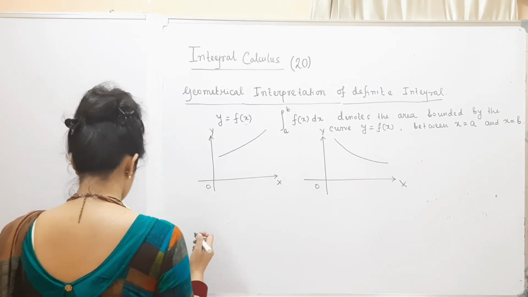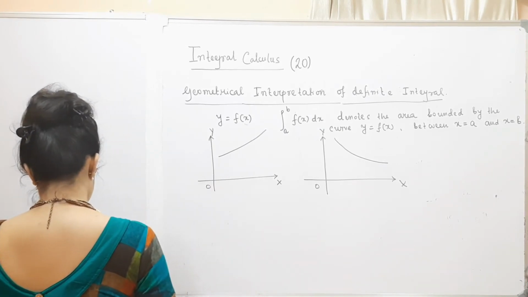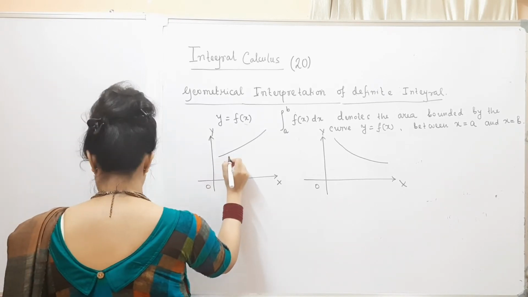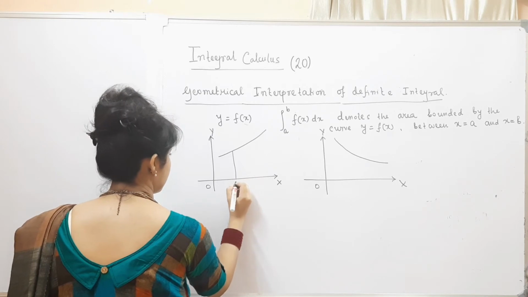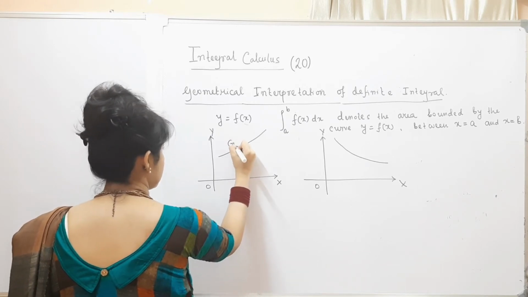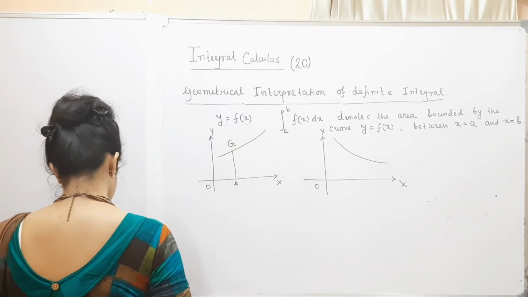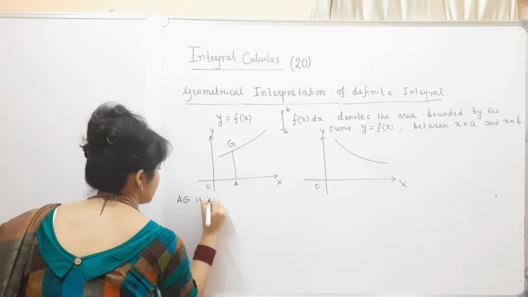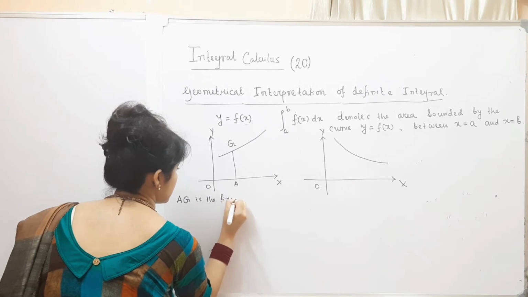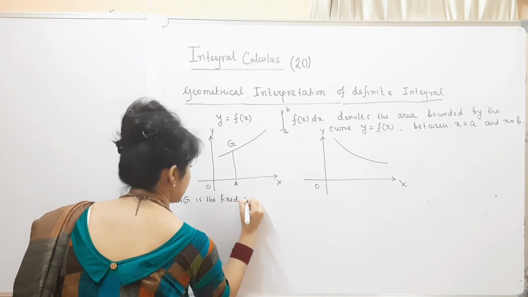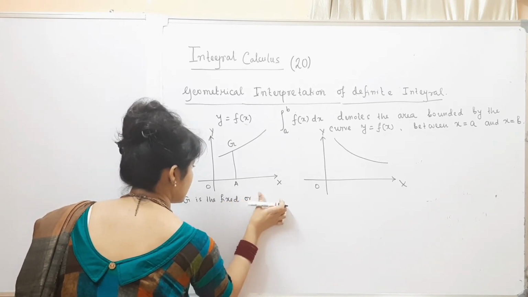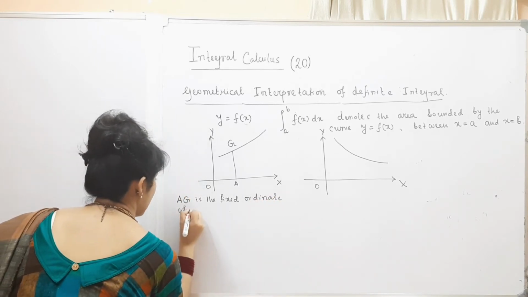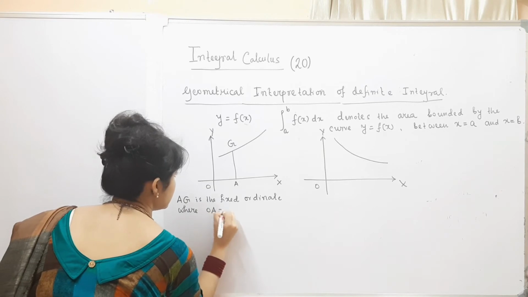Now let A denote the area bounded by the curve. AG is the fixed ordinate, where OA equals x.